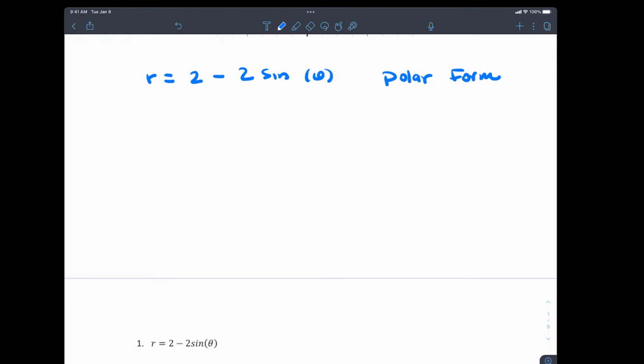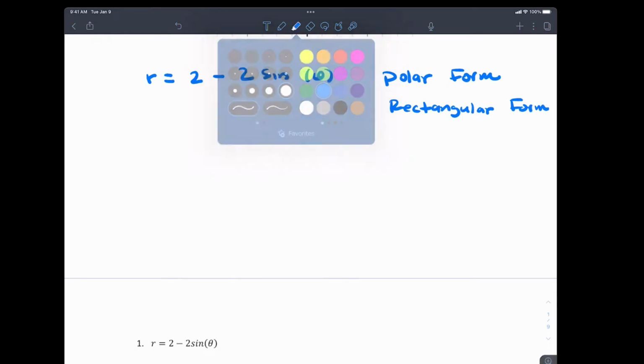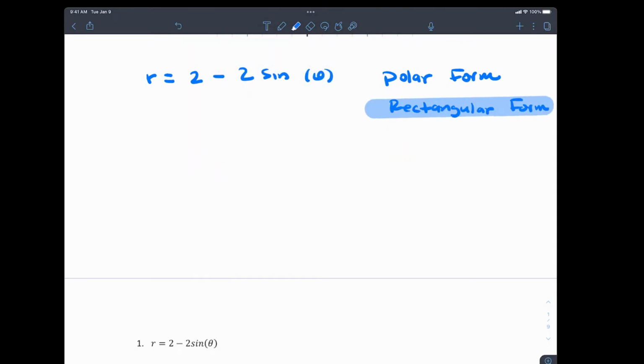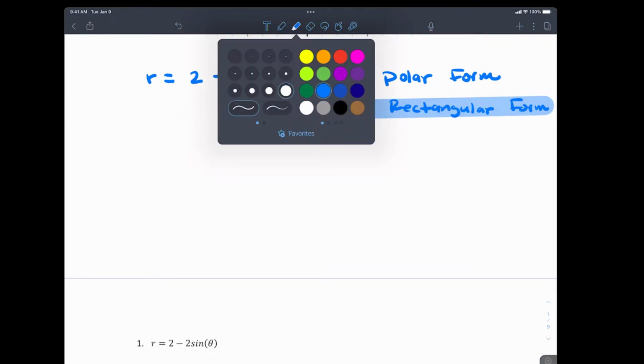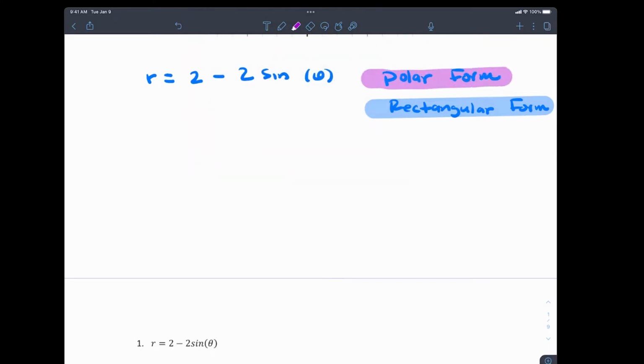We're going to write this in rectangular form. So why you care about this, I'm going to demonstrate to you guys, okay? So they gave it to you in what? Polar. There's the polar equation. I'm going to write it in rectangular. You guys with me on this? I'm going to dare to do that. And you're going to understand why we're doing what we're doing.